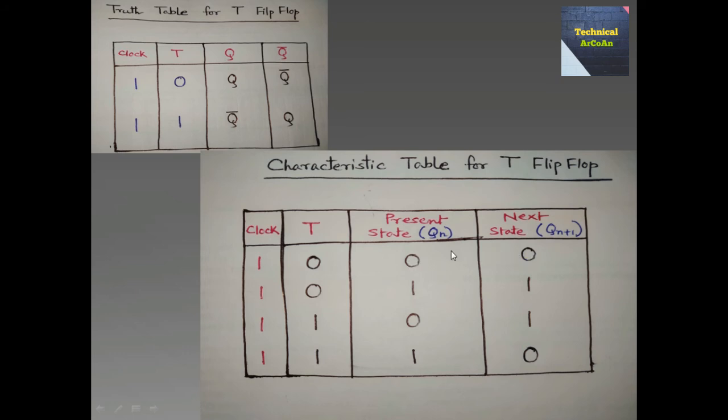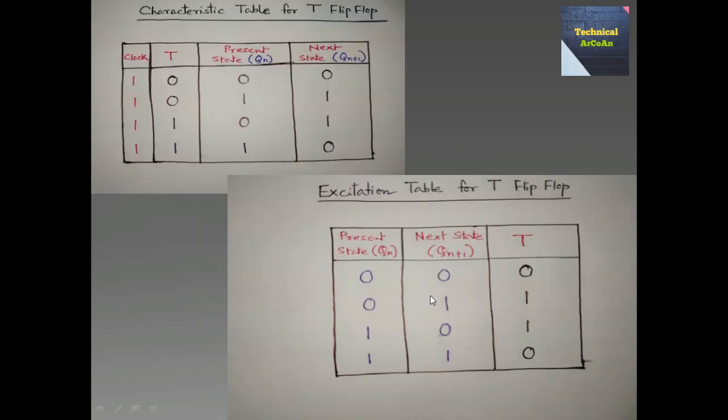So whatever the present value, we get the same: if it is 0, we get 0, and if the present value is 1, we also get 1. And when the T value is 1, whatever the present value is, we get the reverse of that. So if the present value is 0, we get 1, and if the present value is 1, the next value will be 0.